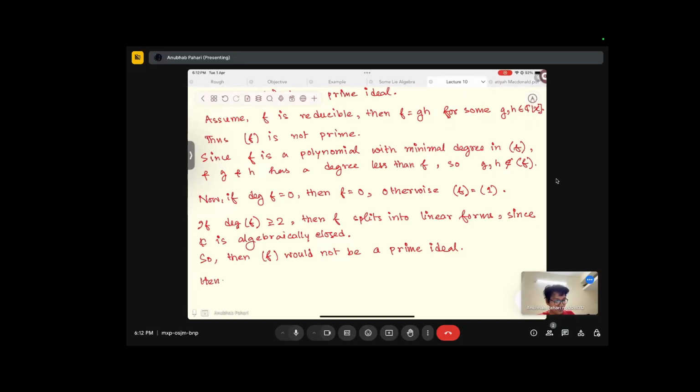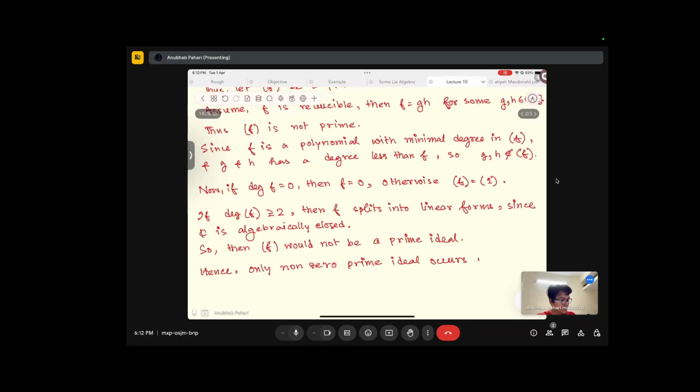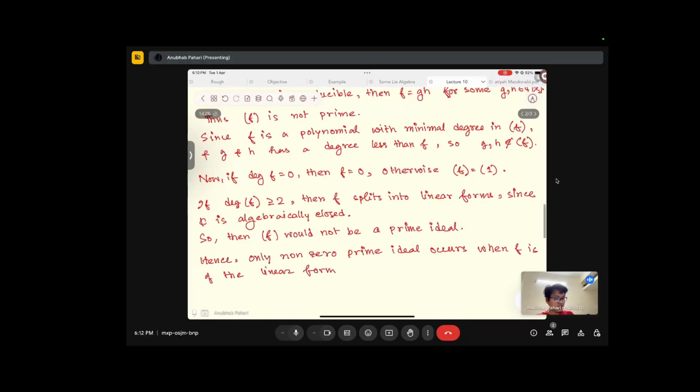Hence the only non-zero prime ideal occurs when f is of the linear form x minus a.